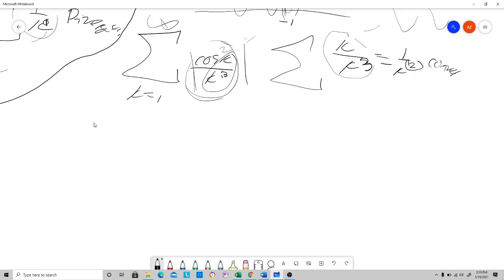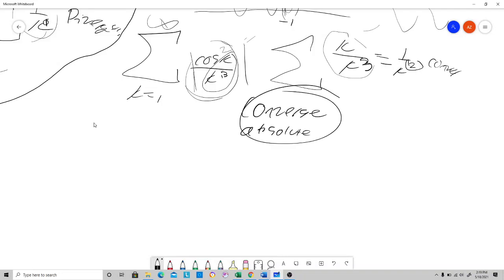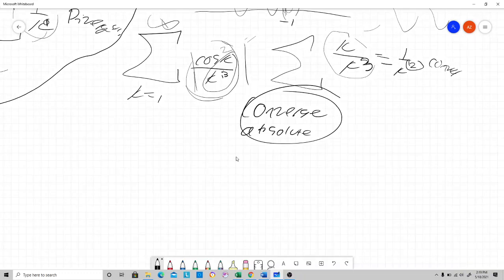And if you compare it to one that's a little smaller, it will be smaller, so this series does converge absolutely, no matter if it's an absolute value or not.